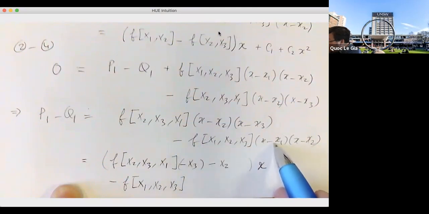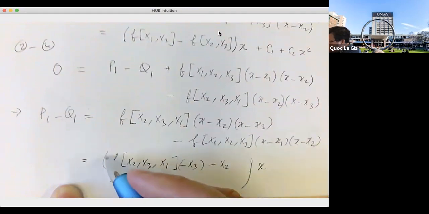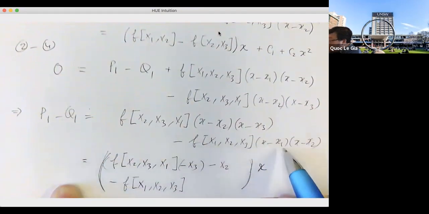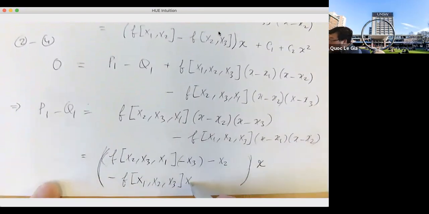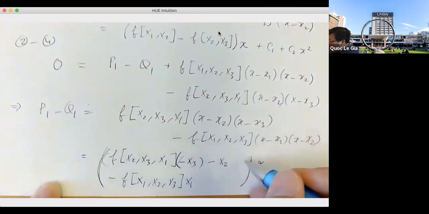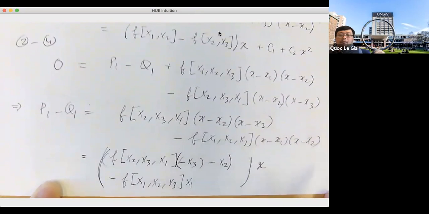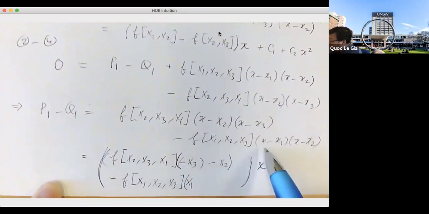This one is actually for the whole big bracket for x, yeah. So for x, then you have a plus x1. Okay, so plus x1.